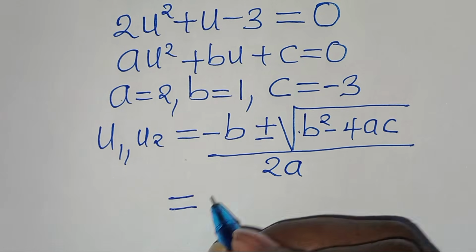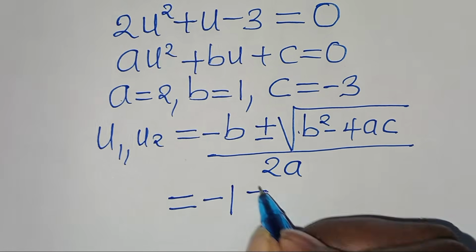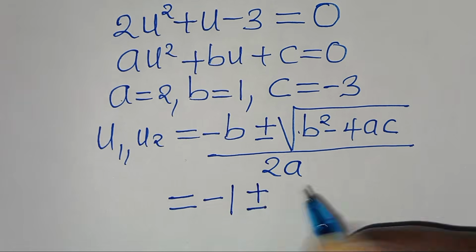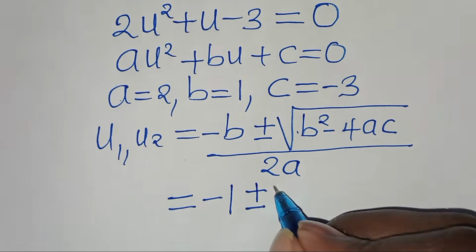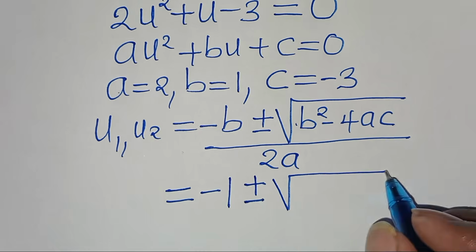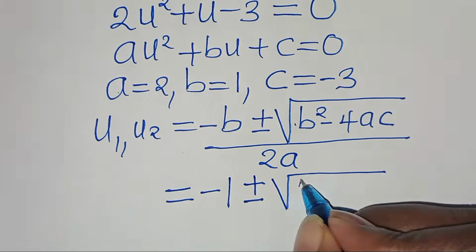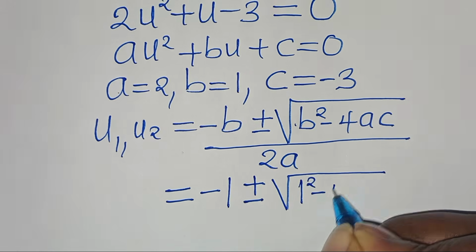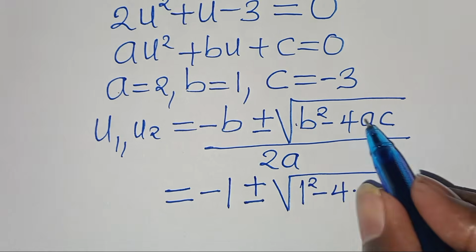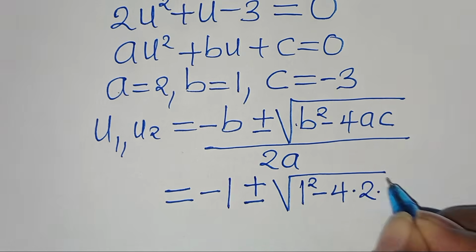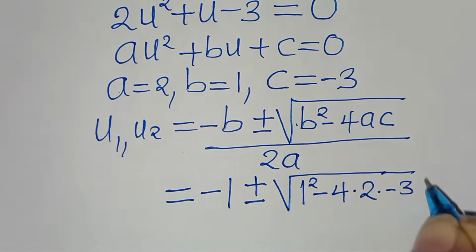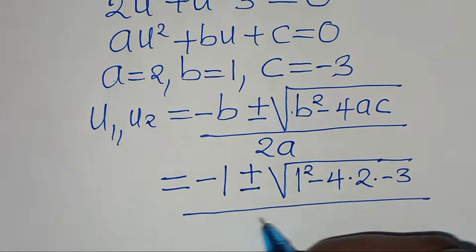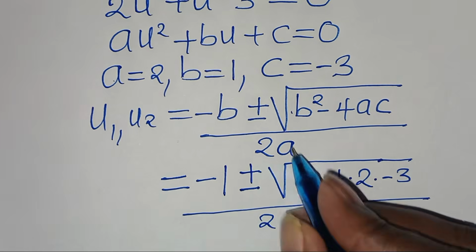We have minus 1 plus or minus the square root of b squared, which is 1 squared, minus 4 times a, which is 2, times c, which is minus 3, everything divided by 2 times a, which is 2.